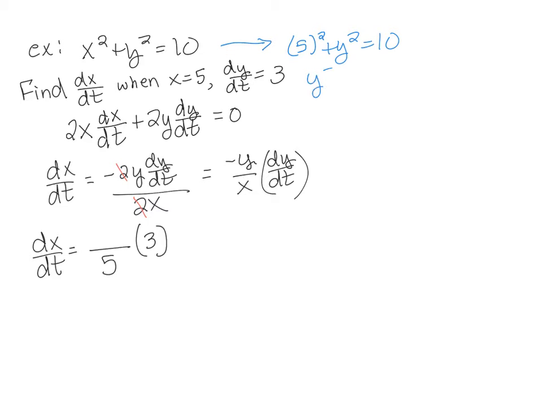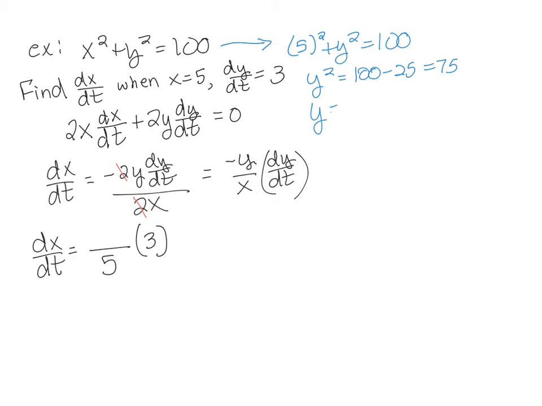So y squared is going to be 10. Hold the phone. You didn't see that. Backing up. That's 100. How's that? Fix that problem. I was going to end up with a complex number. So 100 minus 5 squared gives me 75.